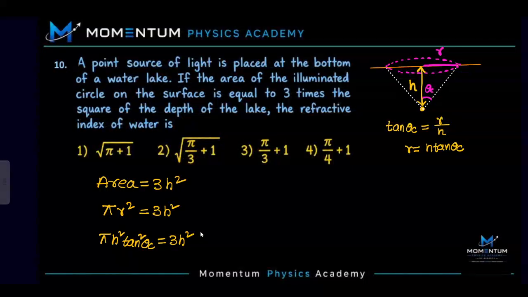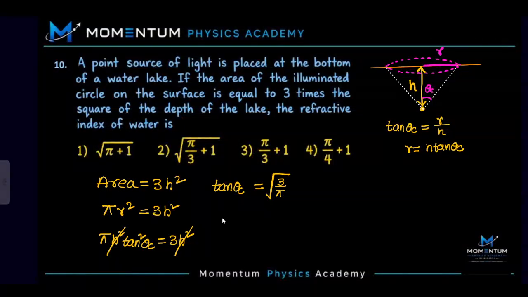They ask us to find the refractive index. So H square will get cancelled. From this, we can get tan theta C, which is equal to square root of 3 by pi.